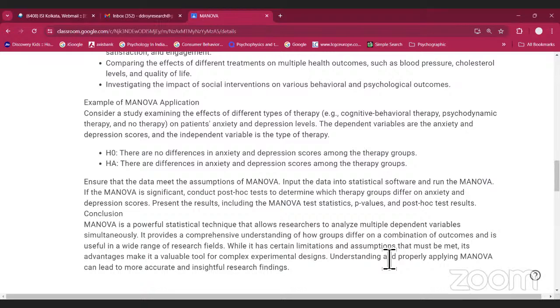While it has certain limitations and assumptions that must be met, its advantages make it a valuable tool for complex experimental designs. Understanding and properly applying MANOVA can lead to more accurate and insightful research findings.